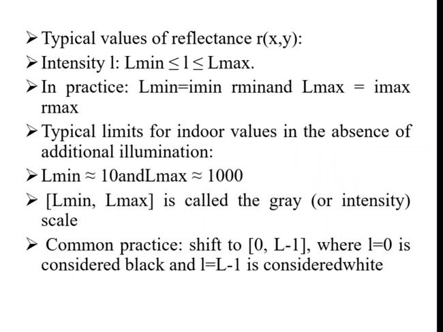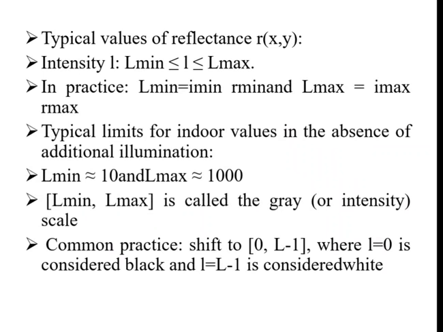A typical limit for indoor values in the absence of additional illumination: L minimum is equal to 10 and L maximum is nearly equal to 1000. The interval from L minimum to L maximum is called the grayscale or intensity scale.